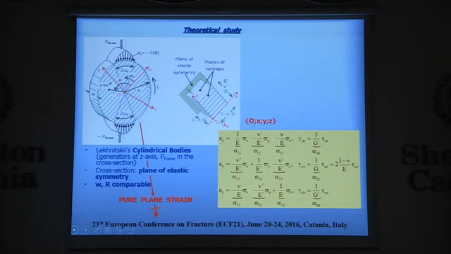And for our case, the problem is plane, since the external load is within the disk cross-section, and the deformation is plane, since the cross-section of the disk is a plane of elastic symmetry because it's perpendicular to the planes of isotropy, so the cross-sections remain plane also after deformation.